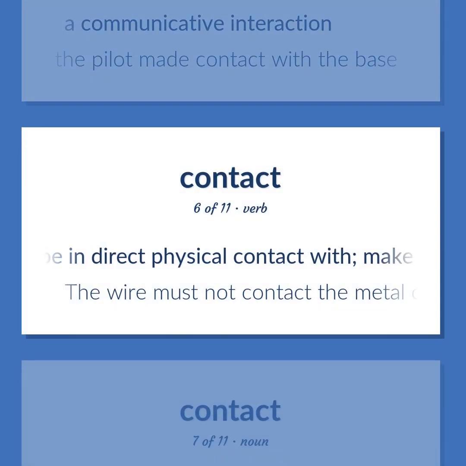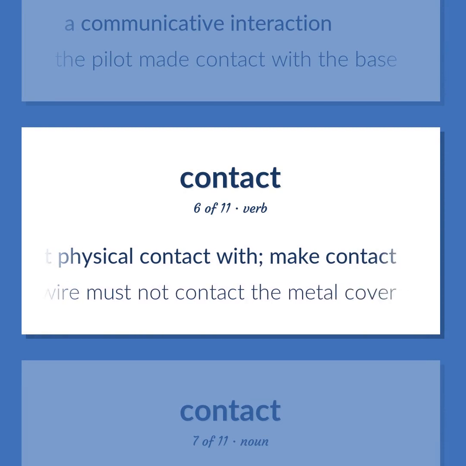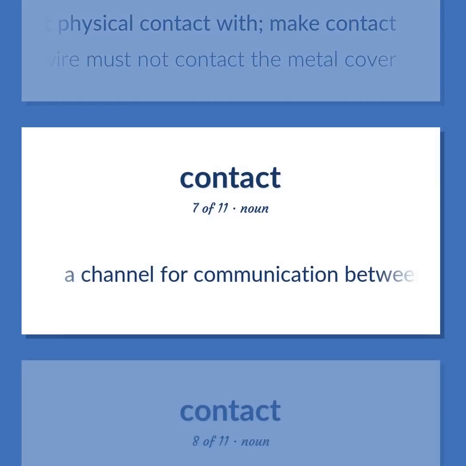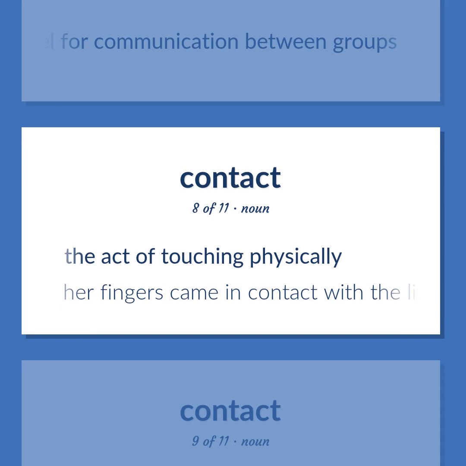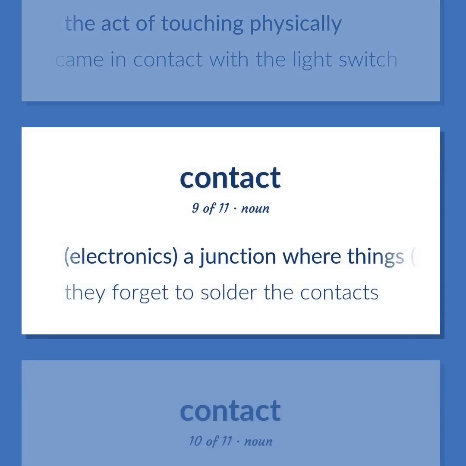Be in direct physical contact with, make contact. The wire must not contact the metal cover. A channel for communication between groups. The act of touching physically. Her fingers came in contact with the light switch. Electronics.